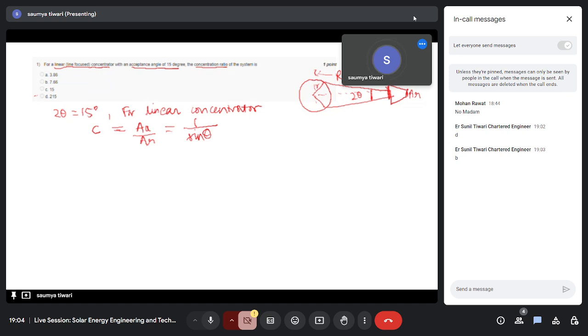If you remember this formula. So it's for a 2D system. Linear can also be known as a 2D system, right?